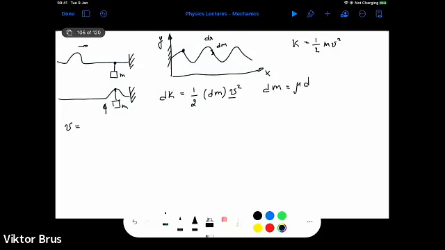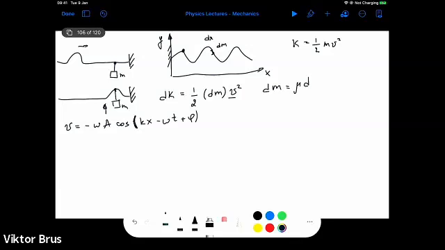So that velocity can be calculated with this equation: minus omega a cosine of (kx minus omega t plus some phi).